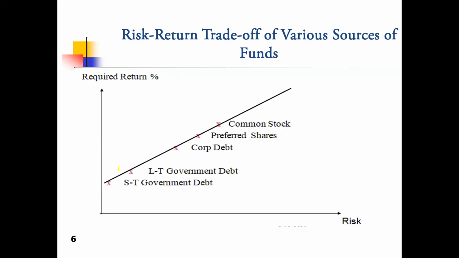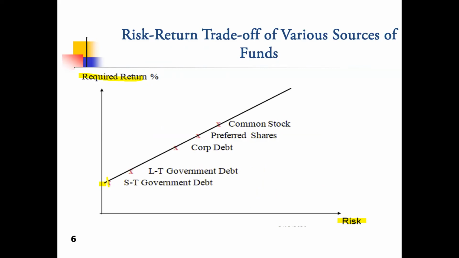Now, if you rank the different sources of capital based on their risk and their required rate of return, this is the line. This is short-term government debt.